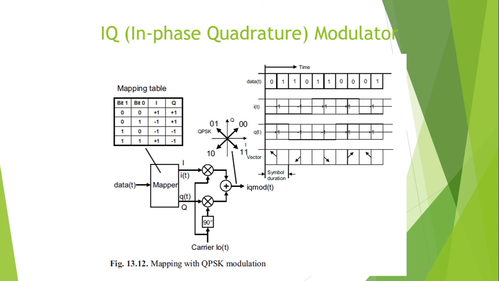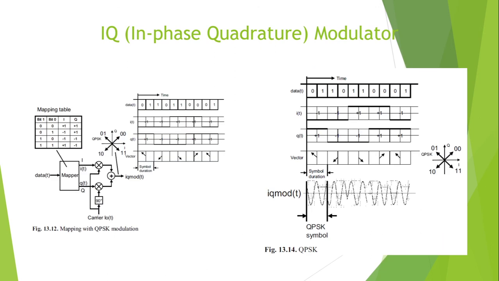The time the carrier or the vector dwells on a specific phase, that is the dwell time, is equal to the symbol duration. The time the carrier or the vector dwells on a specific phase is referred to as a symbol. See figure number 12 and 14.